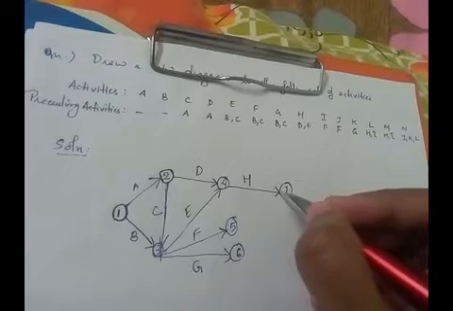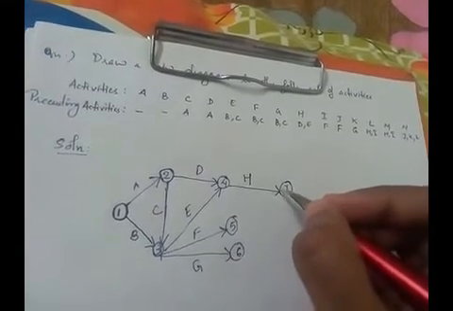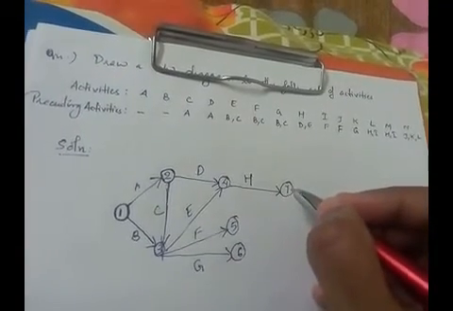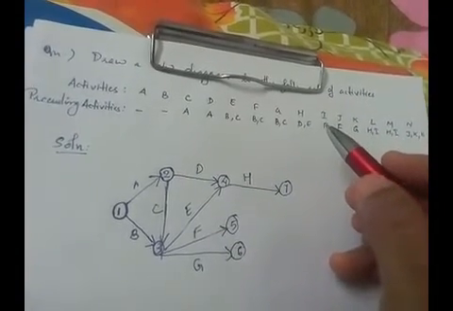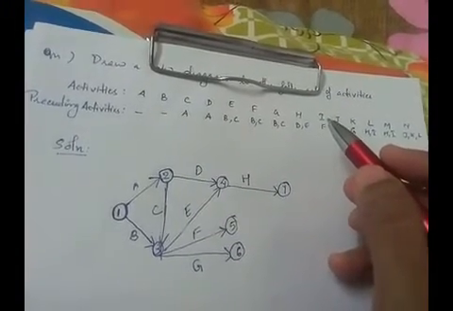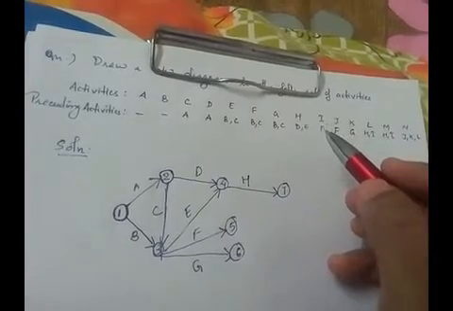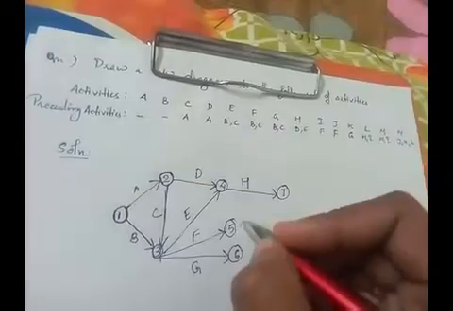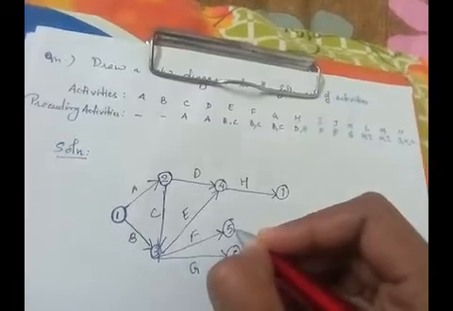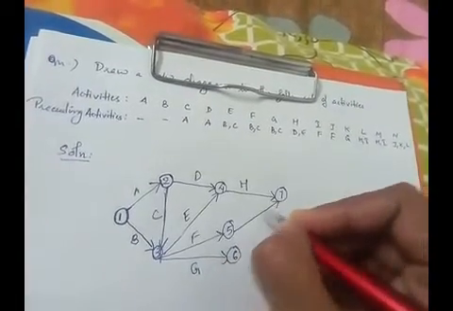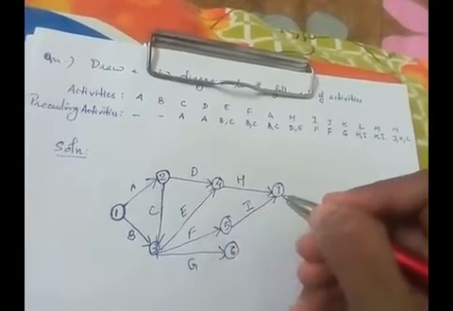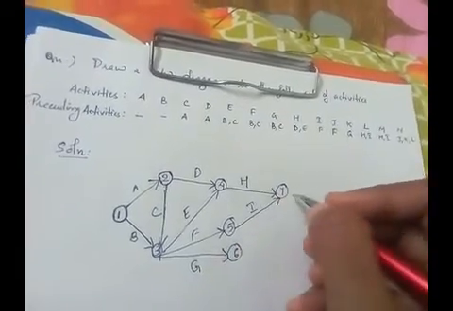So we have already drawn H, and H ends at 7, so I should also end at 7. Since the preceding activity for I is F, the starting event of I is 5. So I will be drawn from 5 to 7.